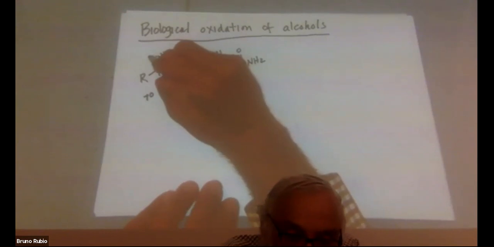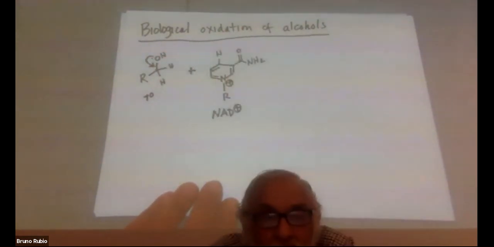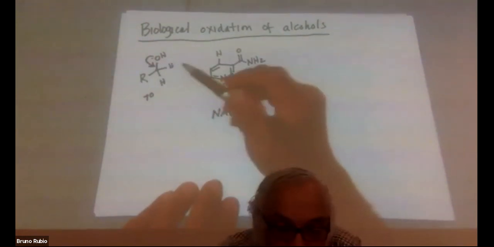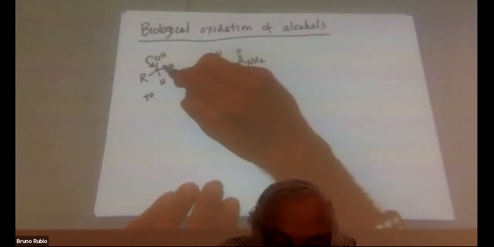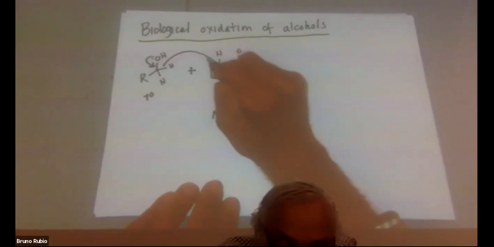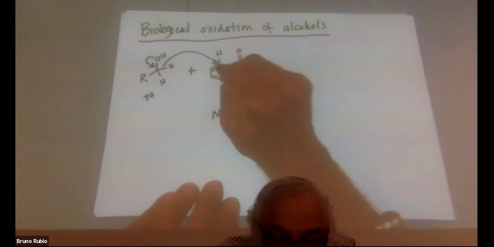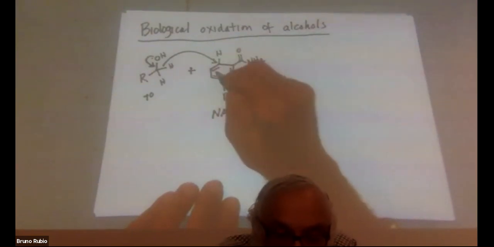How this works is that these electrons from the alcohol come down, and now the hydrogen attacks this position of the NAD+.